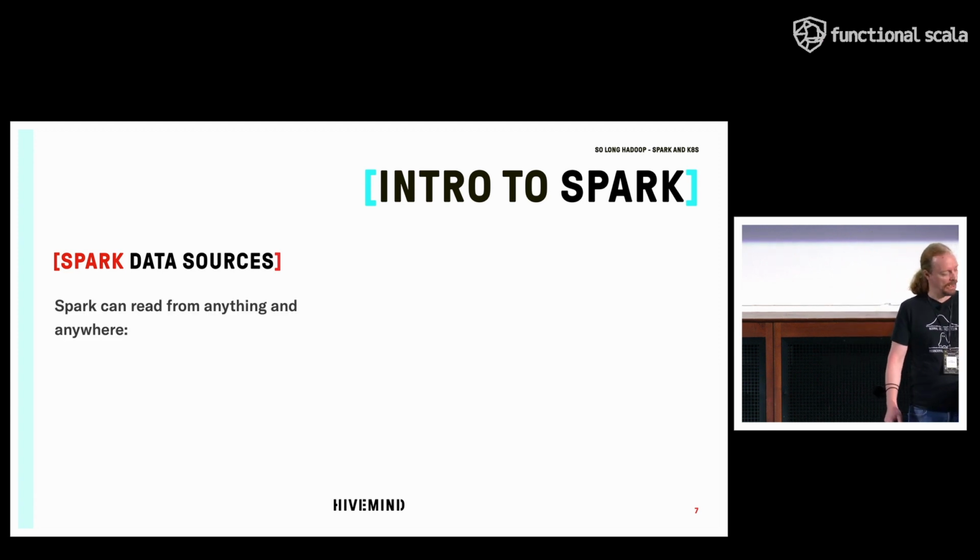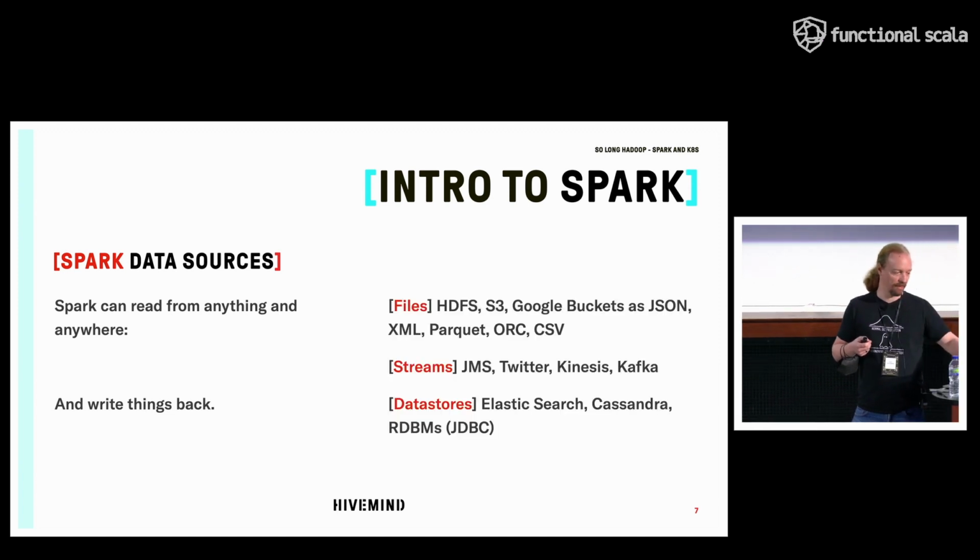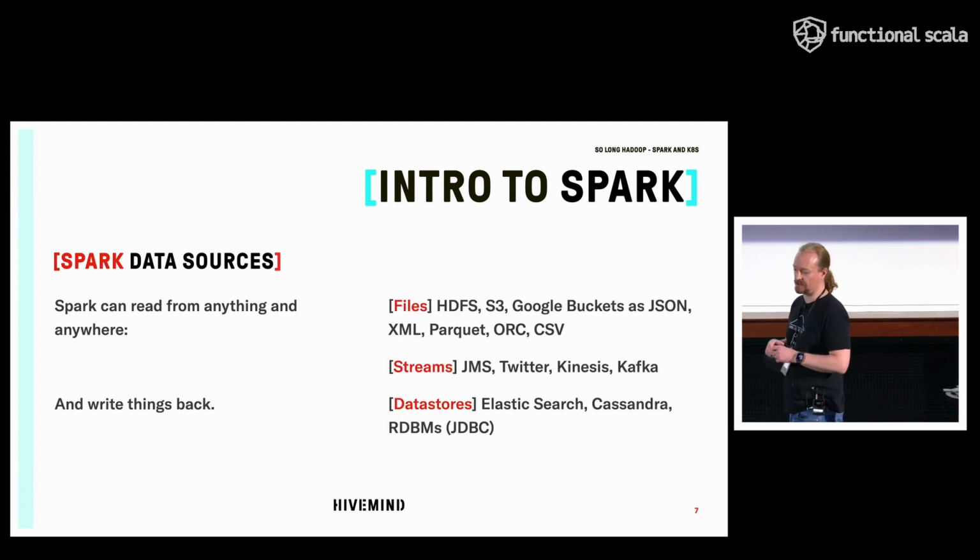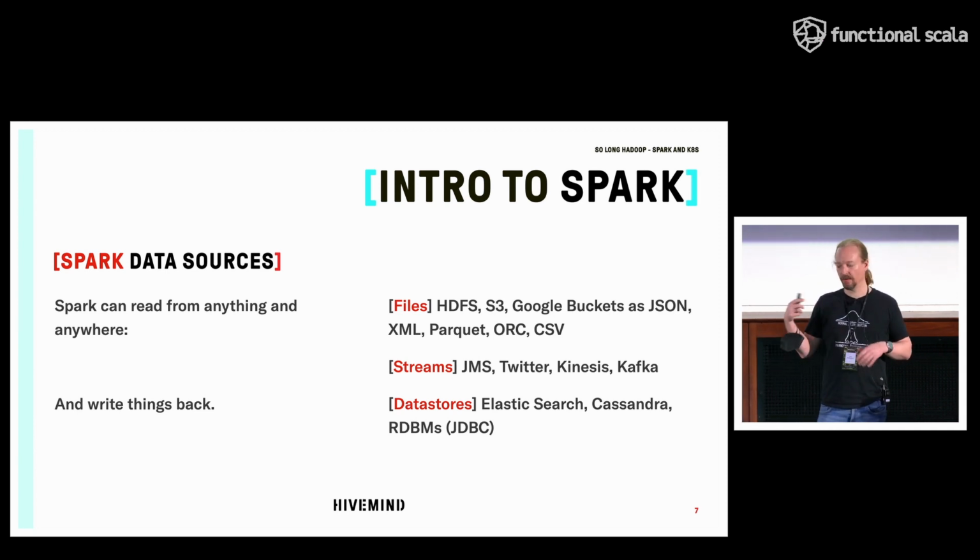There we go. True to a data framework that really should make it easy to connect to different sources, it basically allows reading and writing back and forth from different sources, such as HDFS, S3, Google Buckets, obviously, and with different formats as well, and also automatic schema introspection.